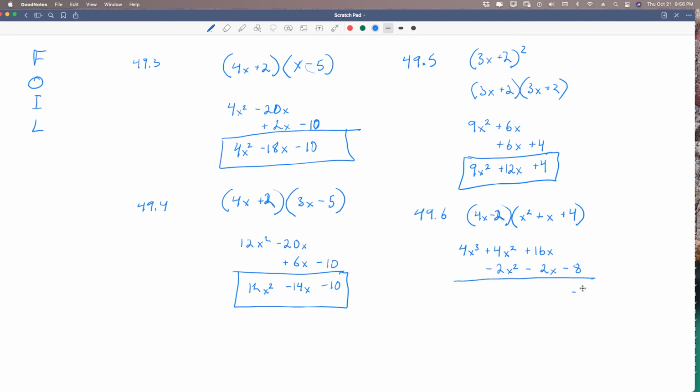Now we combine. And that's our answer. Easy peasy. It makes combining like terms a whole lot easier when we use the stacking method.